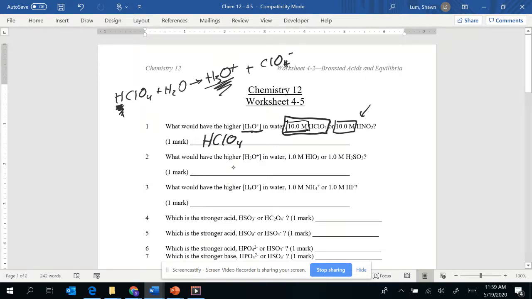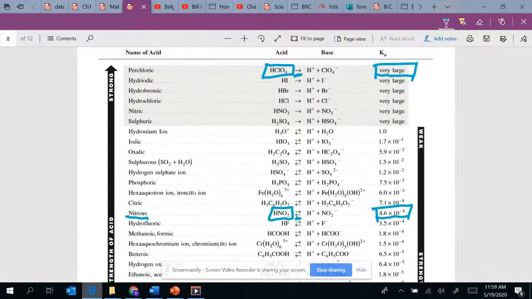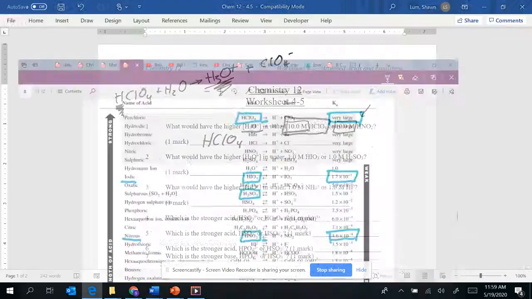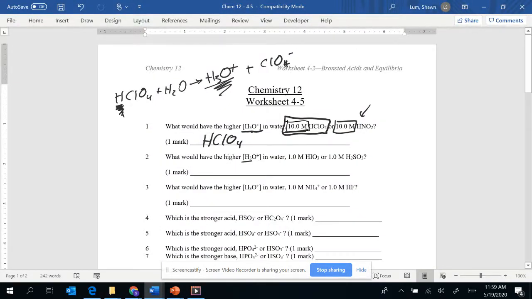What would have a higher H3O plus, HIO3 or H2SO3? Well, which one has a higher Ka value? Well, this one right here. Since it has a larger number, it makes more H3O plus. So HIO3.